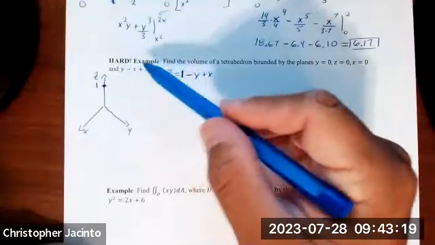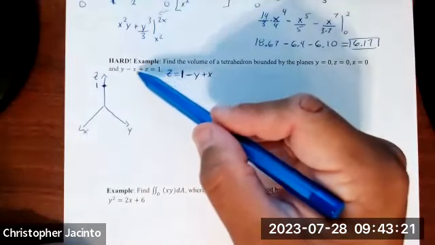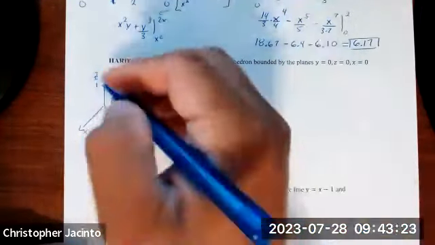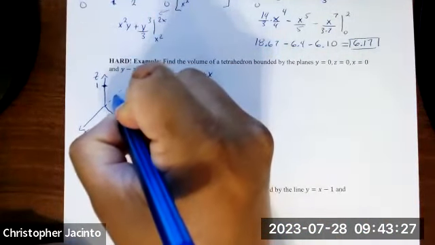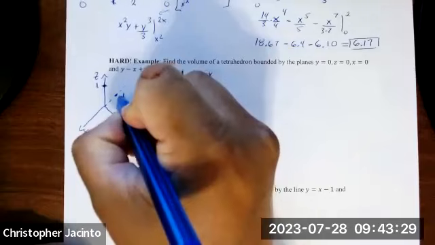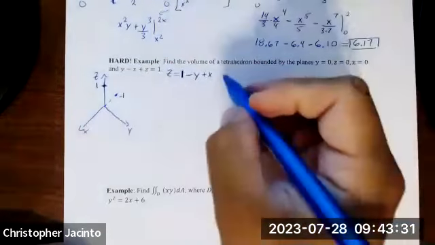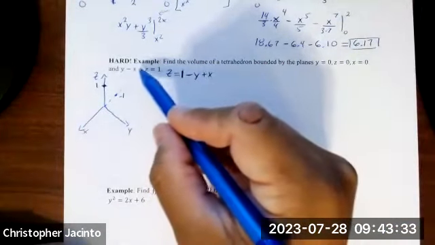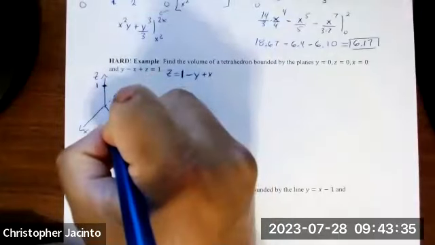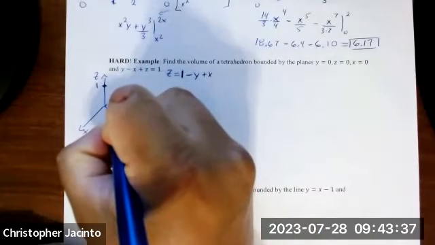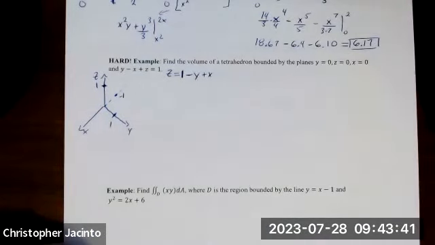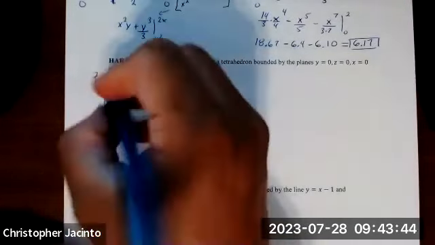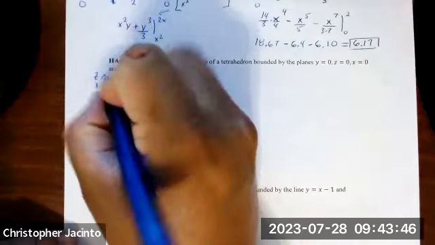If y and z are 0, therefore x must be negative 1. So x is on this side, negative 1. And then finally, if these two are 0, then y has to be positive 1. So this tetrahedron kind of looks like this.